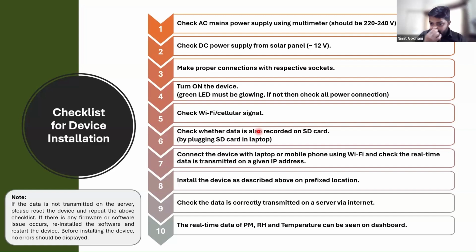Each time, we use a different algorithm, and we are improving our algorithm to match the exact concentration of the reference grade monitor. Then we deploy those equations to each device's motherboard. We install that firmware, and we are updating the firmware on a seasonal basis.